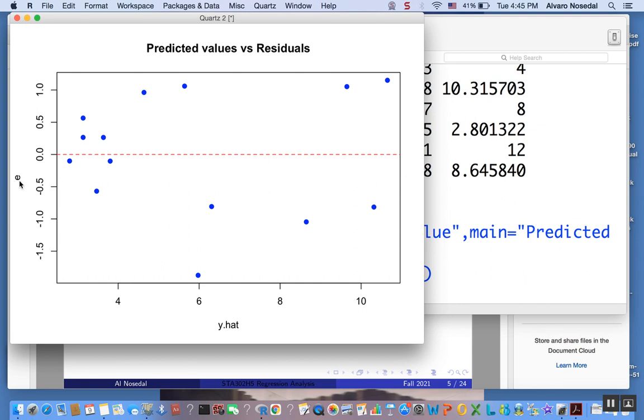A graph of the residuals against the predictor variable x, or a graph of the residuals against the predicted values y hat. Okay, and what we said is that this will be a good choice when we generalize what we're doing, when we go from one predictor to several predictors. This would be a better idea to check the equal variance assumption.